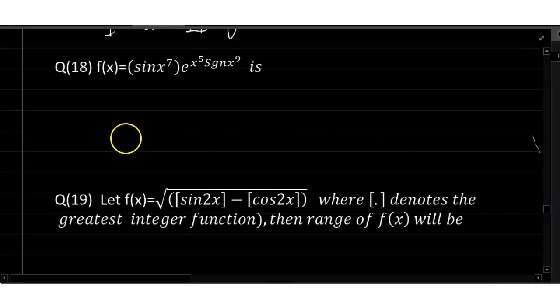Next problem, f(x) is equal to sin x to the power 7 e^(x^5) sin x to the power 9.